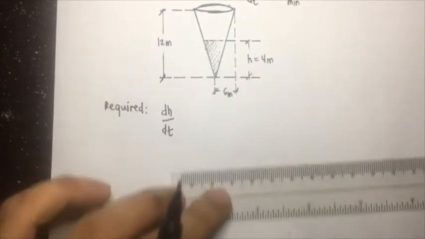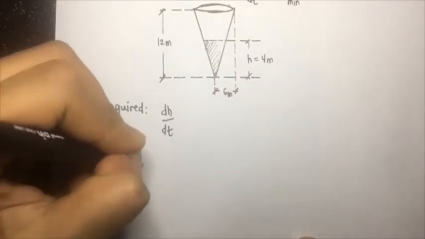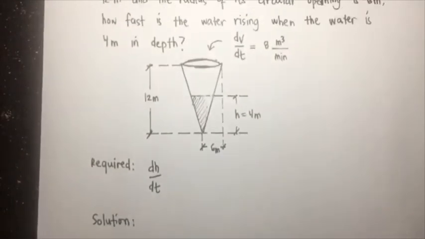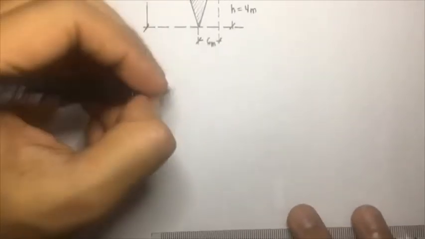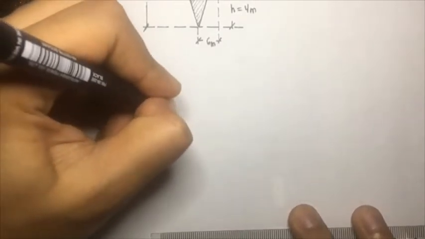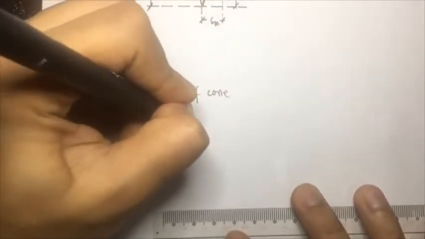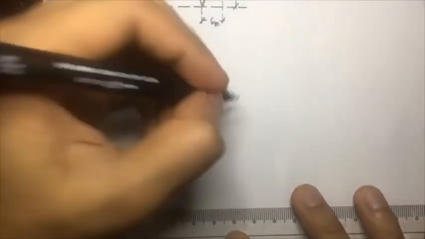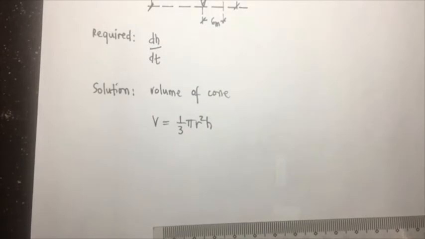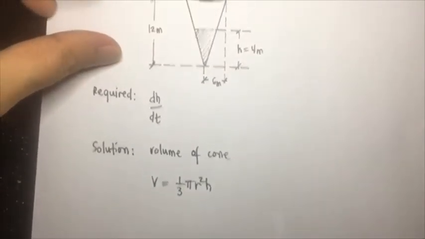For our solution, we are involved with the volume of a cone. From our geometry, V is equal to 1/3 pi r squared h.